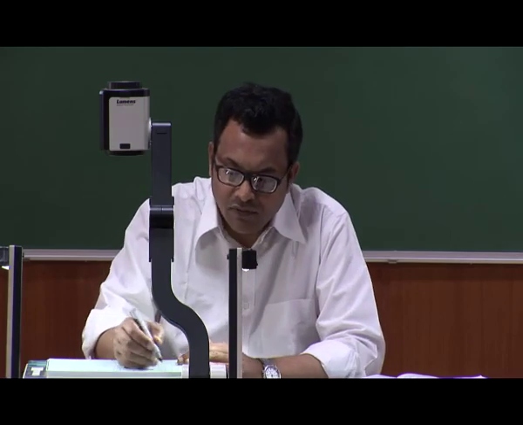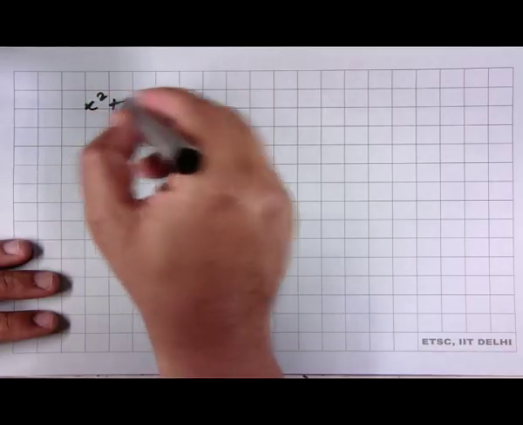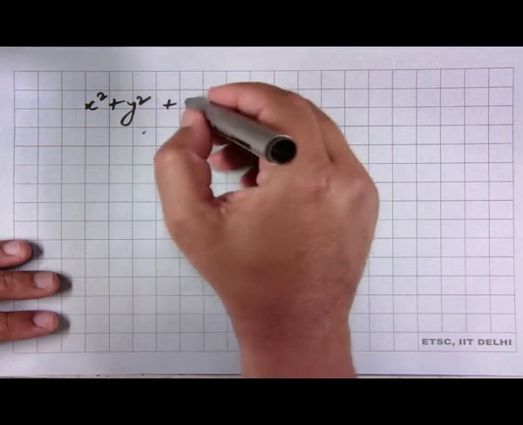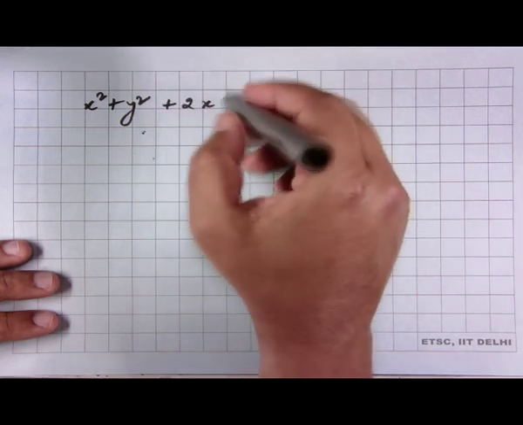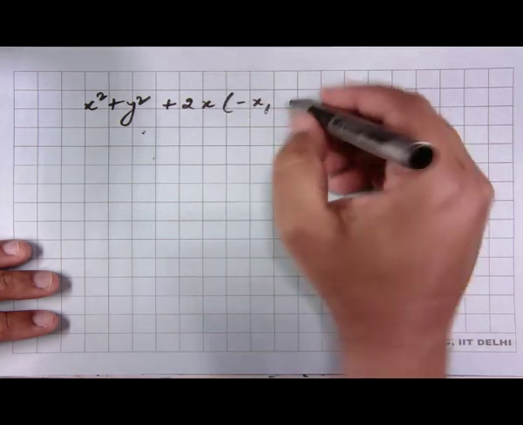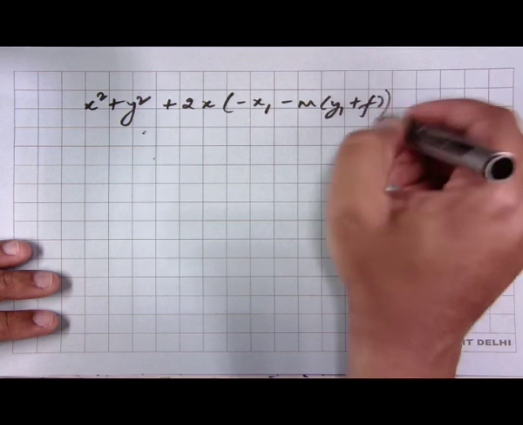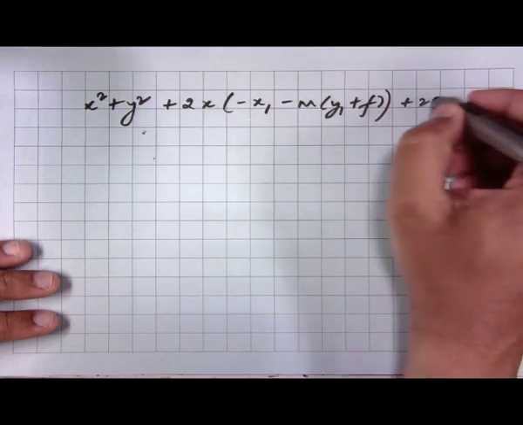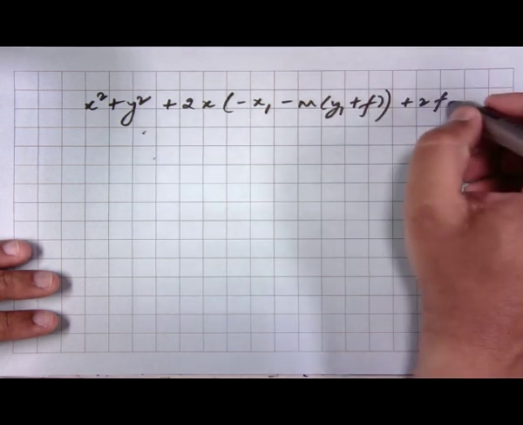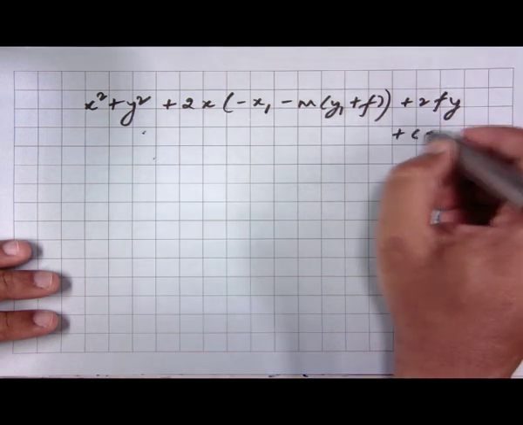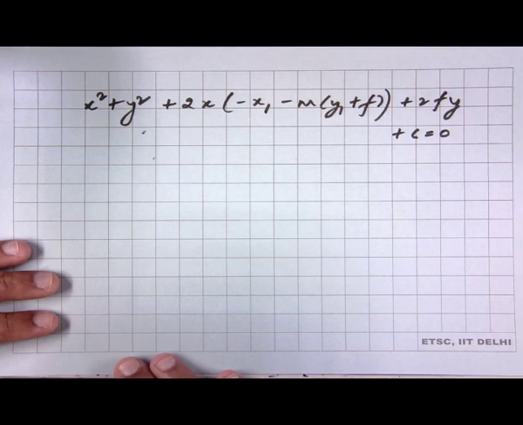So, when we do that, what we get is x square plus y square plus 2 times x times g. So, instead of g we use the derived expression, plus 2 times f times y plus c equals 0.